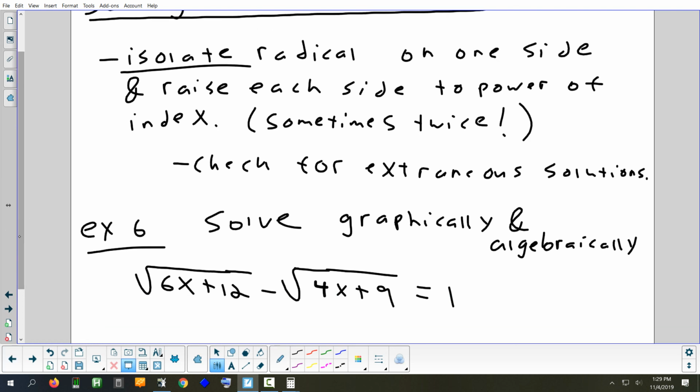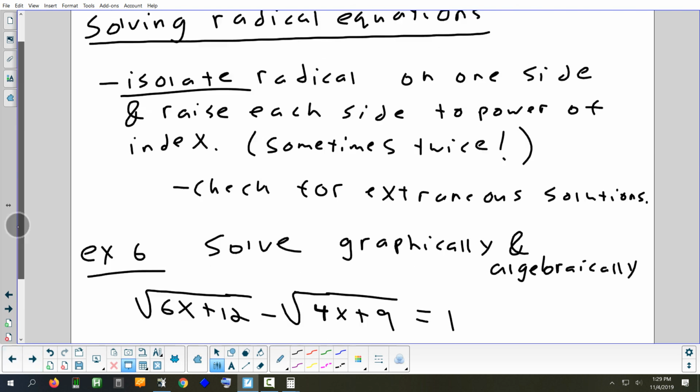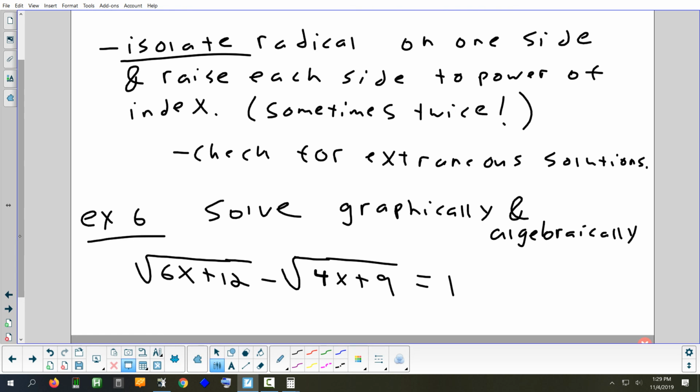If your problem has 2 radicals in it, you're going to have to go through it twice. If your problem only has 1 radical, you only have to do it once. But this first one we're going to do has 2, so we're going to have to do it twice. And this is important. Plug your answers back in and check them, because they might not always work.